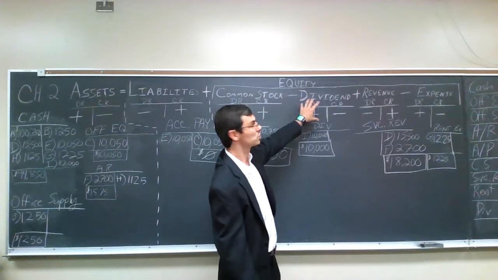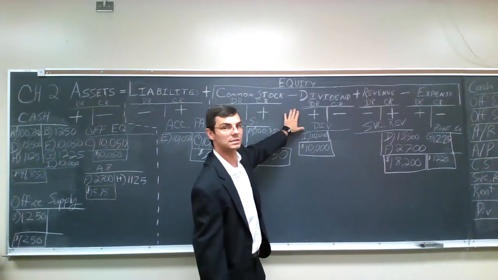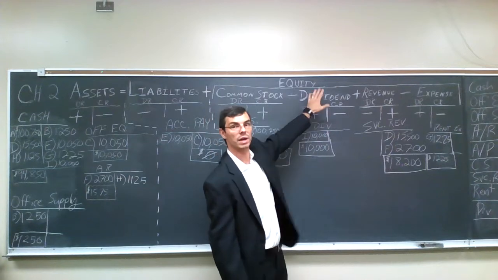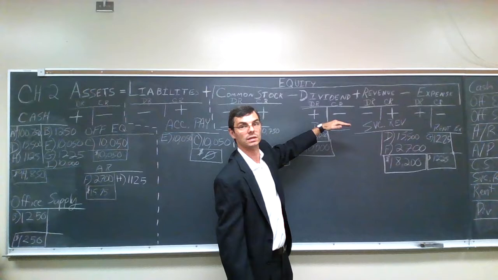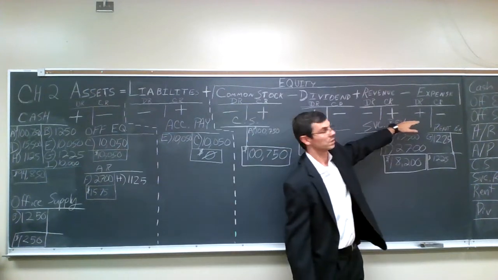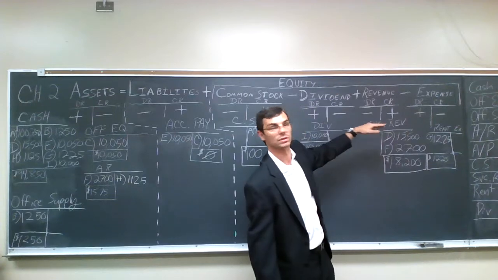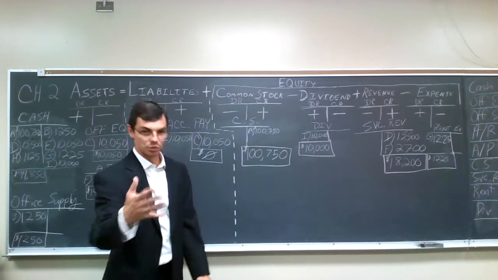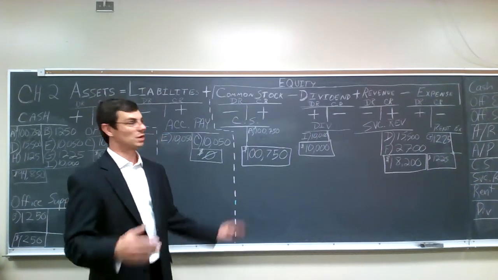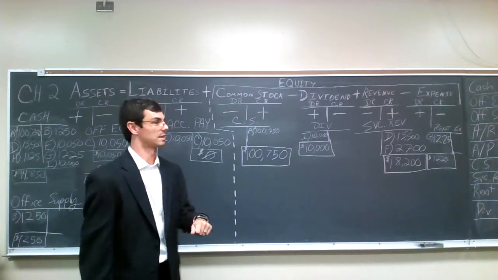That's actually just for these two particular accounts we put that. The way to think of it is when you have a dividend being paid out, an increase to your dividend here is actually decreasing your equity. And then the same thing for expenses. If you have an increase in your expenses, you have a decrease in your equity. So that's why they're on this side, and those symbols are up there. So if you can just remember that, it takes some time, but trust me, after you've done a few of these problems all the way through, you'll get it like that.